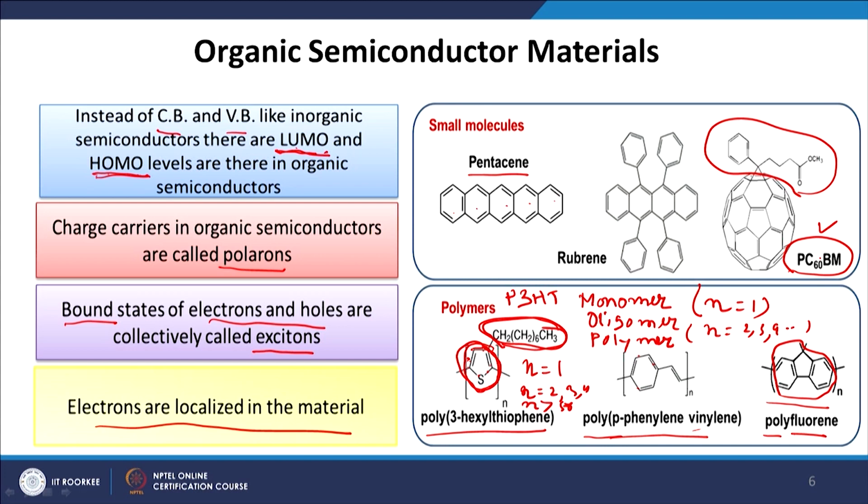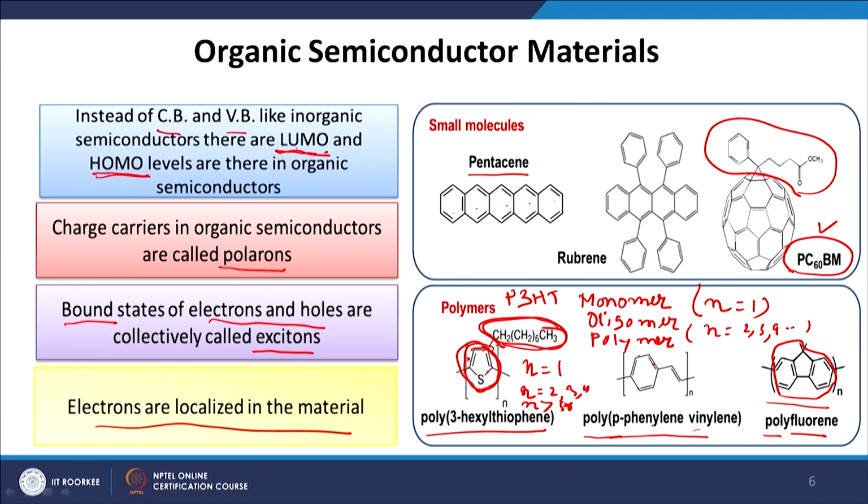Why we need these two different kinds of molecules, we will discuss later on. Similarly, this poly p-phenylene vinylene is also called PPV, and polyfluorene is also an example of a conducting polymer which is highly fluorescent. We can use a pair of such a polymer and a small molecule, depending upon their energy levels, as donor and acceptor materials in this kind of solar cell.